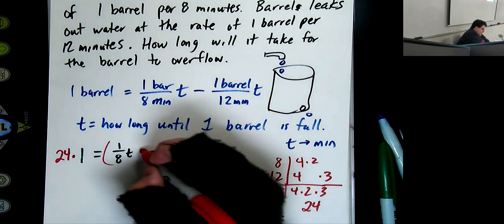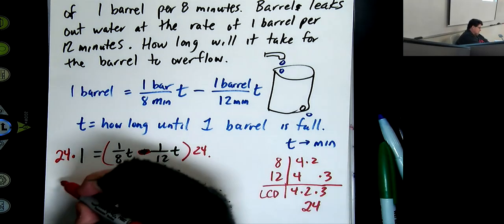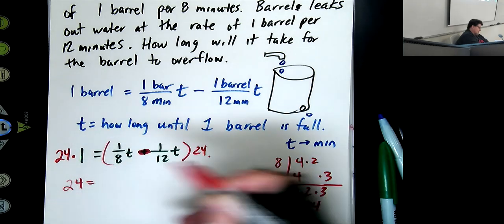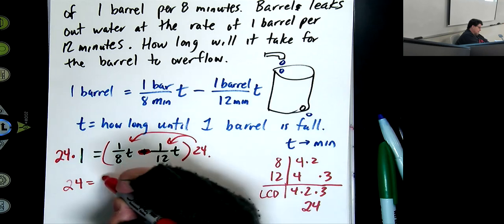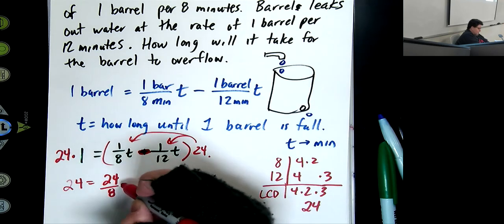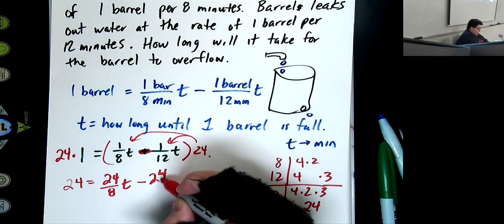That's a minus sign in the middle, not a plus. So I've got 24 equals. I gotta distribute this to each of the terms. 24 times 1 is 24. Got 24 over 8T minus 24 over 12T.